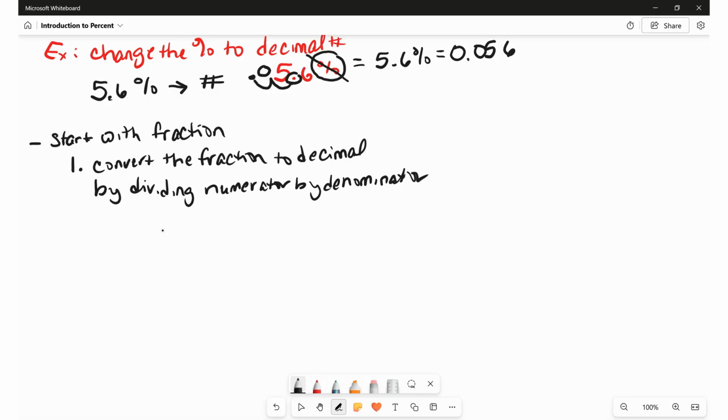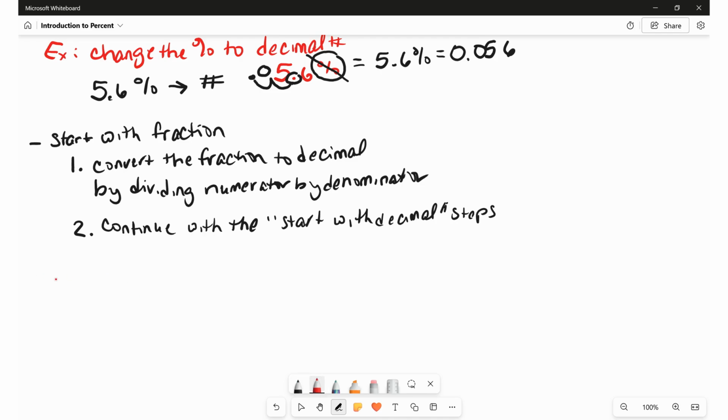And then we want to continue with the start with decimal steps.